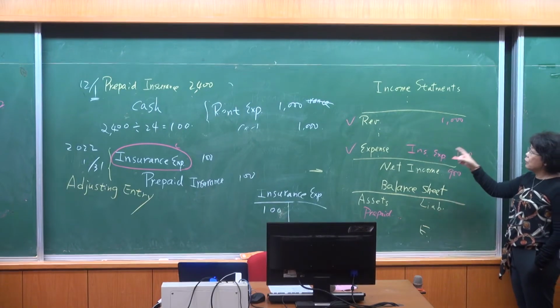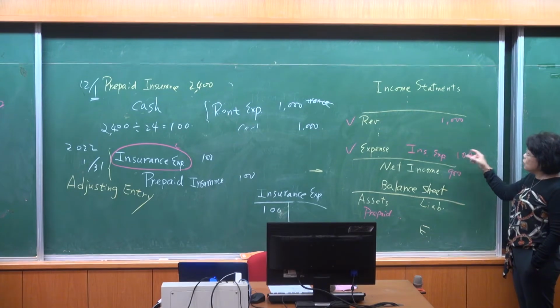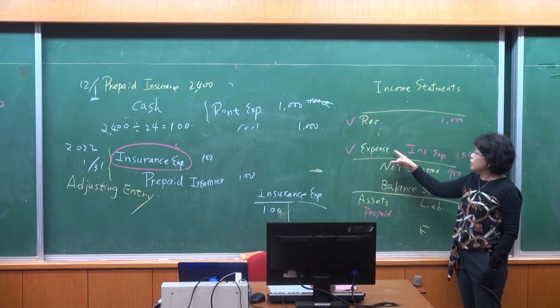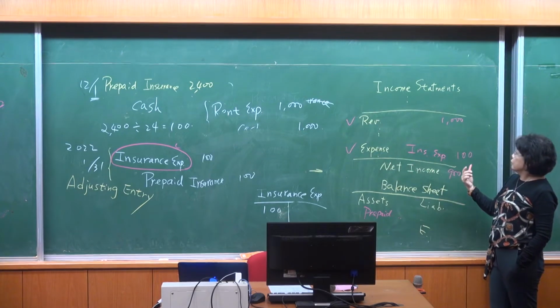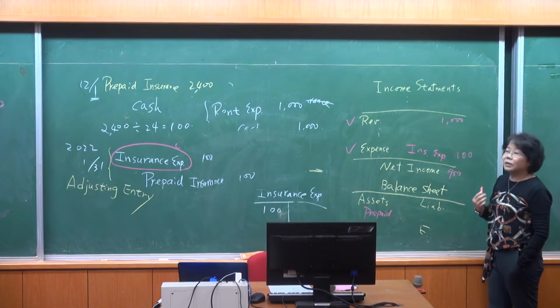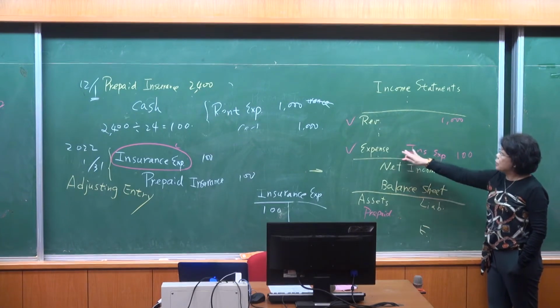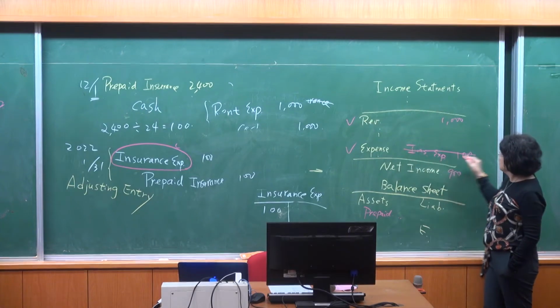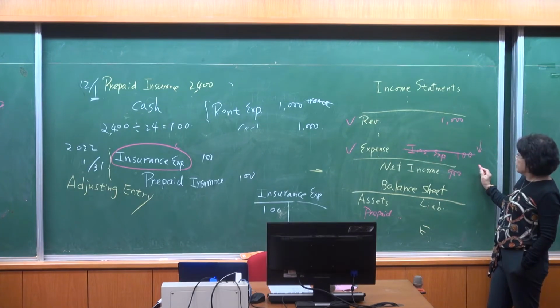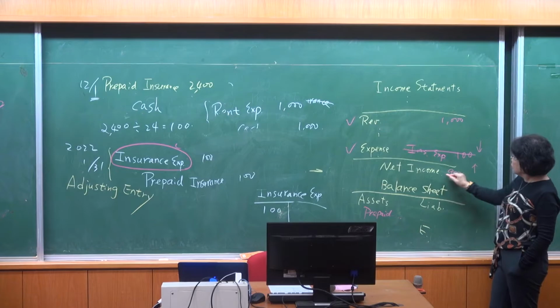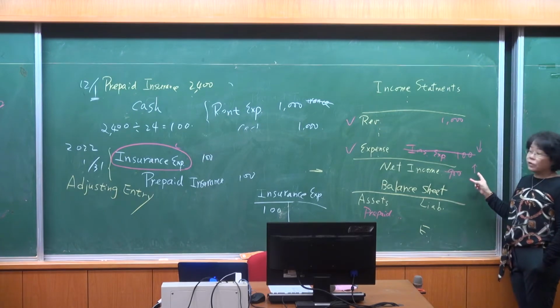Okay, so if you do not do that, your expense will be understated. Understate means 低估. Your expense will be understated, and which will cause your net income to be overstated.